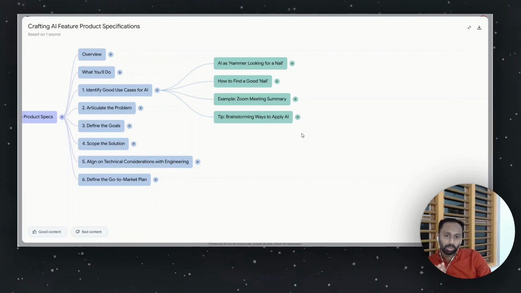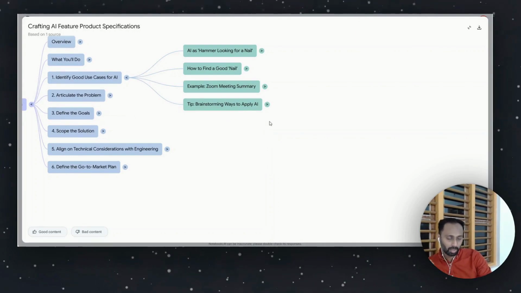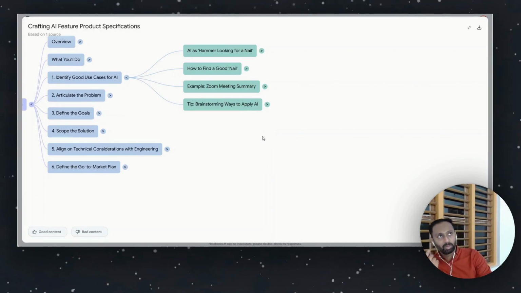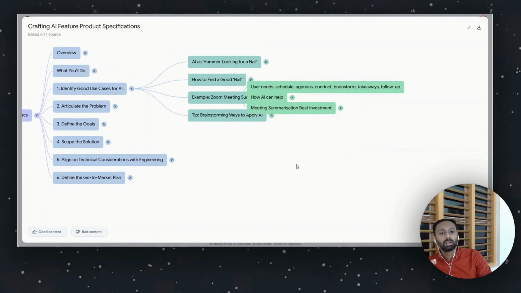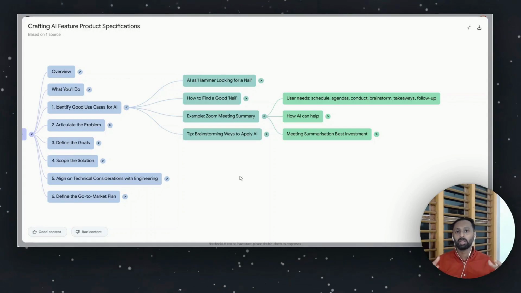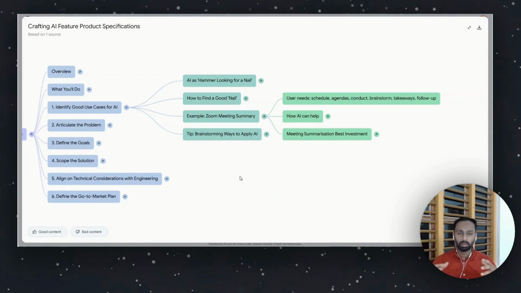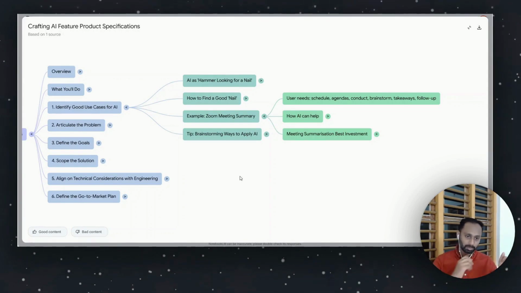Let me also give you an example to give you some more context in terms of how you should go about it. For example, let's take a product like Zoom. When you think about a product like Zoom, the first thing that comes to mind is that it's basically a meeting app that helps two parties communicate through an online solution.